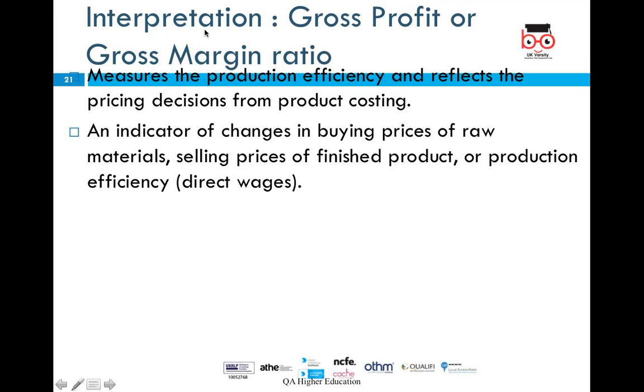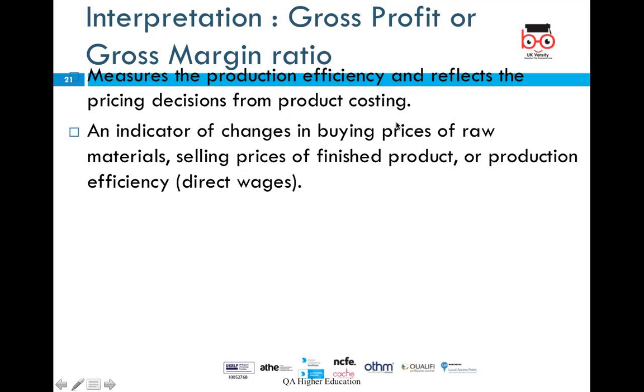When we go from calculation to interpretation, without the interpretation the ratio tells nothing, because you have the figure but you need to make a proper interpretation. As far as your assignment, you will calculate some ratios, and you need to explain what the numbers are saying. For example, the gross profit measures the production efficiency and reflects the pricing decision from product costing.